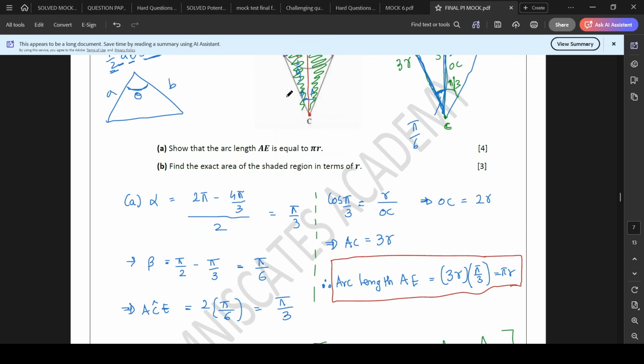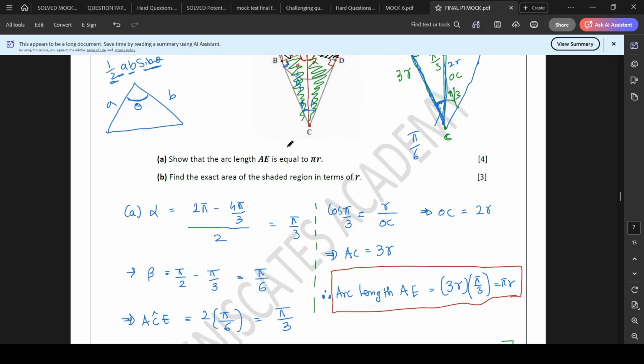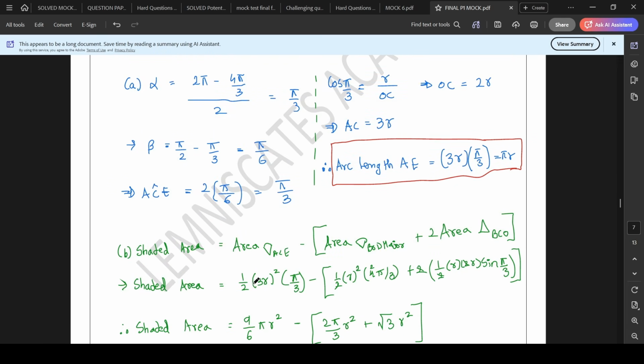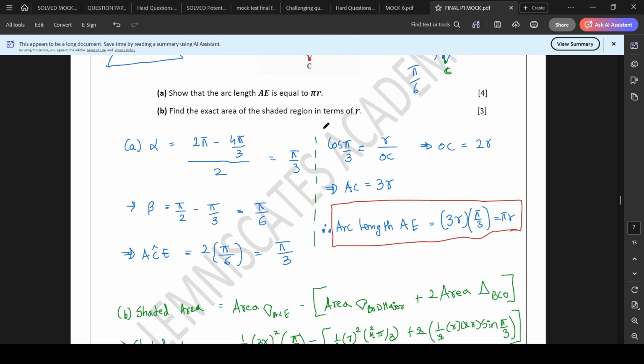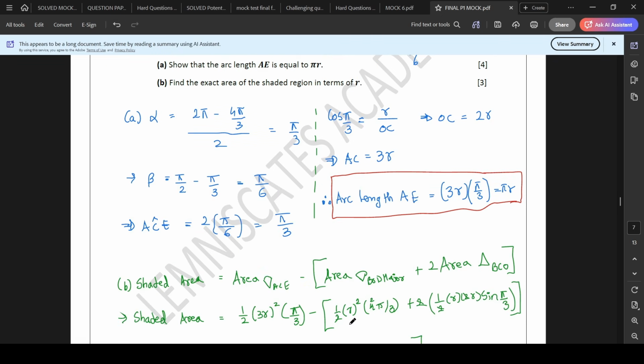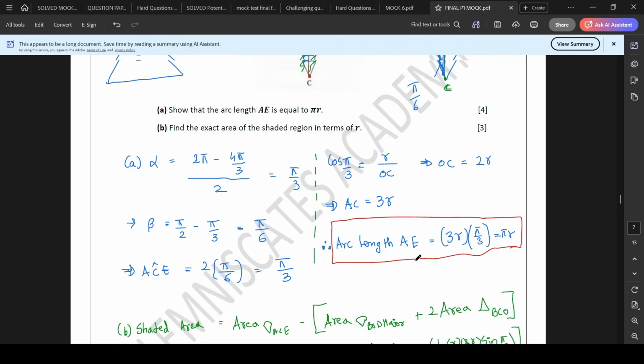Just a quick check. We had to find the area of the shaded region. So we did the area of the sector, that was half into 3r squared into pi by 3. And then we subtracted the area of the major sector BOD, that will be half into r squared into 4 pi by 3, and then 2 times the area of the triangle.